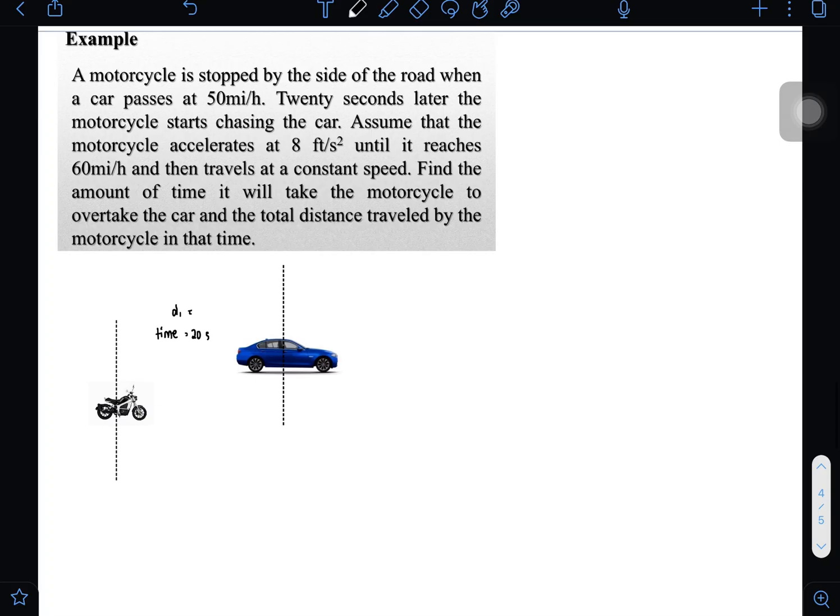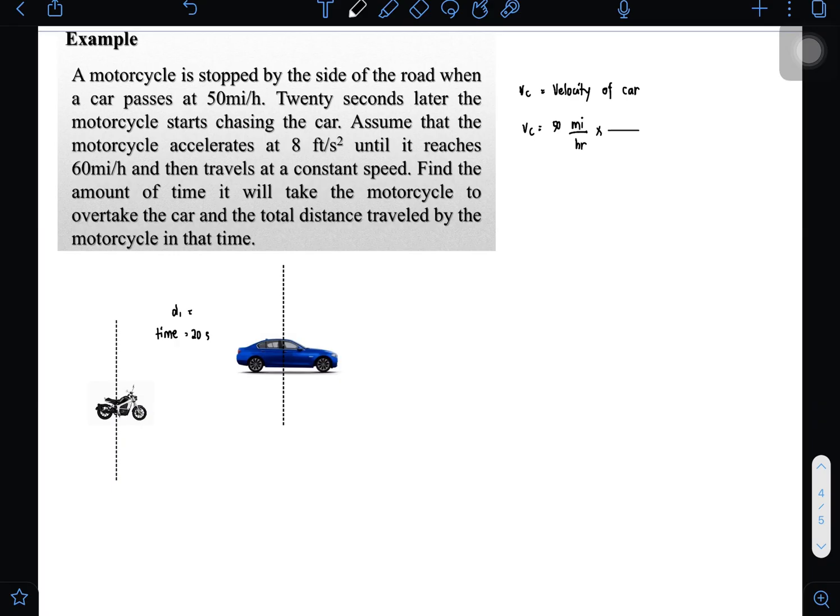So we have here the velocity of the car is 50 miles per hour. So let's try to convert the velocity of the car. So this is 50 miles per hour, and we're gonna convert that.